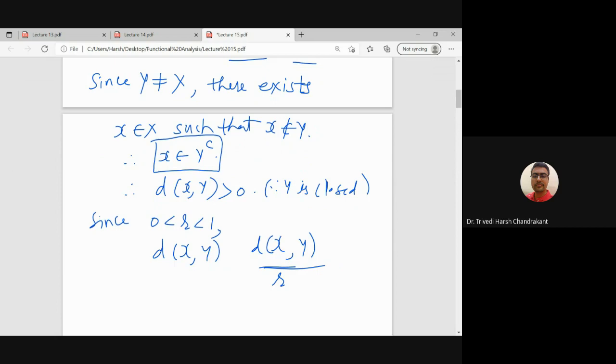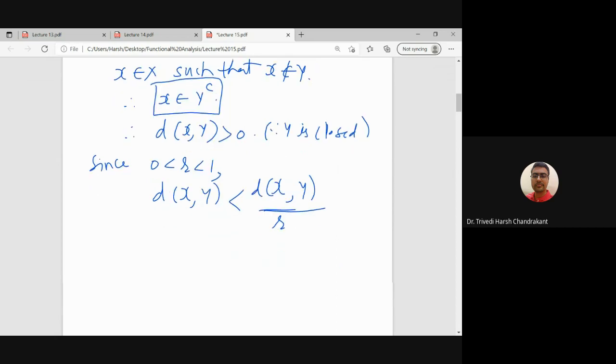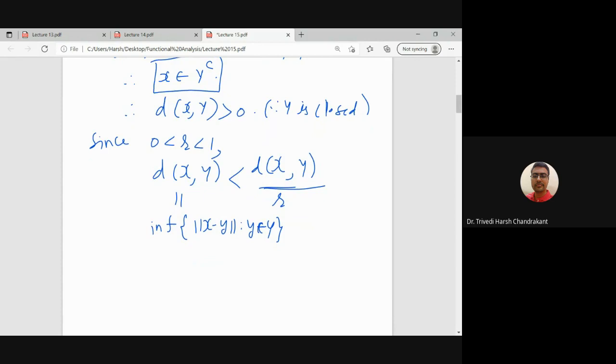Second one, right? So this is less than this, and this is basically the infimum of norm of x minus y, y belongs to Y. So whenever we take a number which is bigger than the infimum, there always exists some element so that the corresponding norm of x minus that element is smaller than the bigger number.